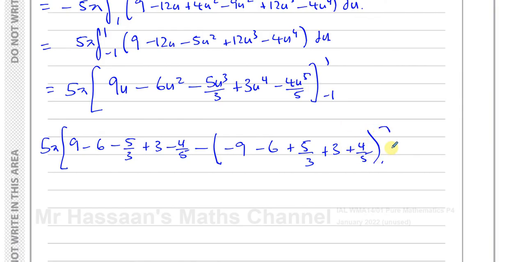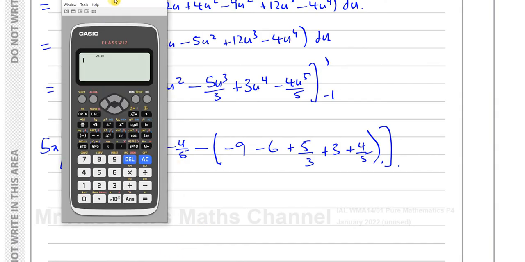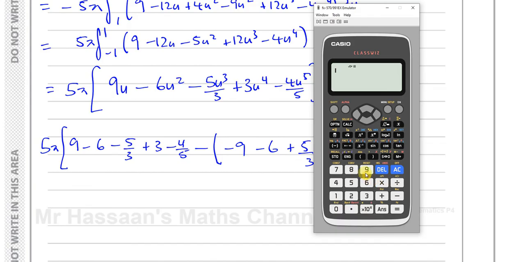Okay, so now let's just simplify this. That's 9 minus 6, which is 3. 3 plus 3, which is 6. In fact, I can just stick this all in my calculator and get the answer out, no problem. I have 9 minus 6 minus 5 over 3, plus 3 minus 4 over 5.